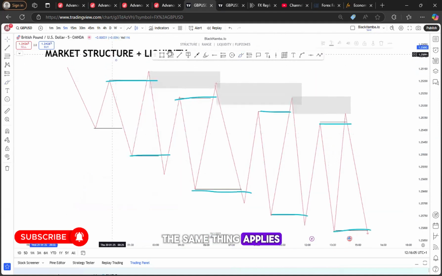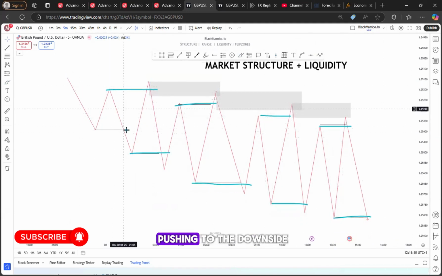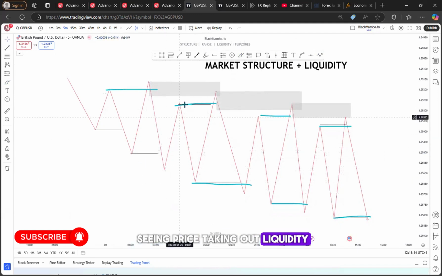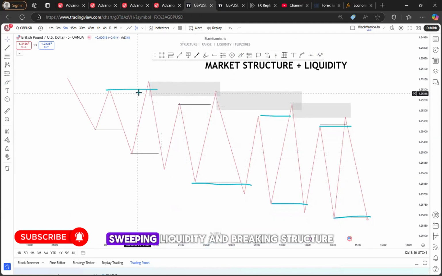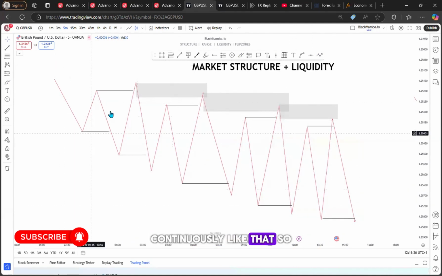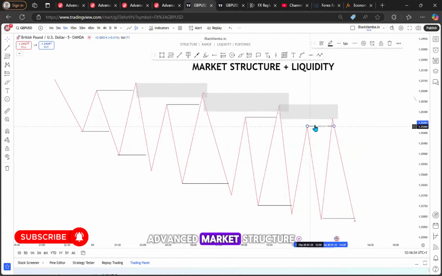The same thing applies to the bearish scenario as well. If price is pushing to the downside like this, you want to see price taking out liquidity and breaking structure, sweeping liquidity and breaking structure continuously like that. So this is how you identify a proper advanced market structure.